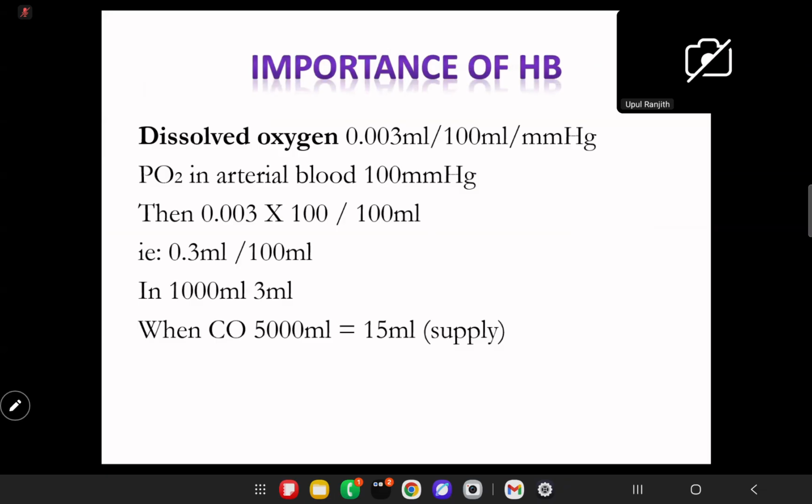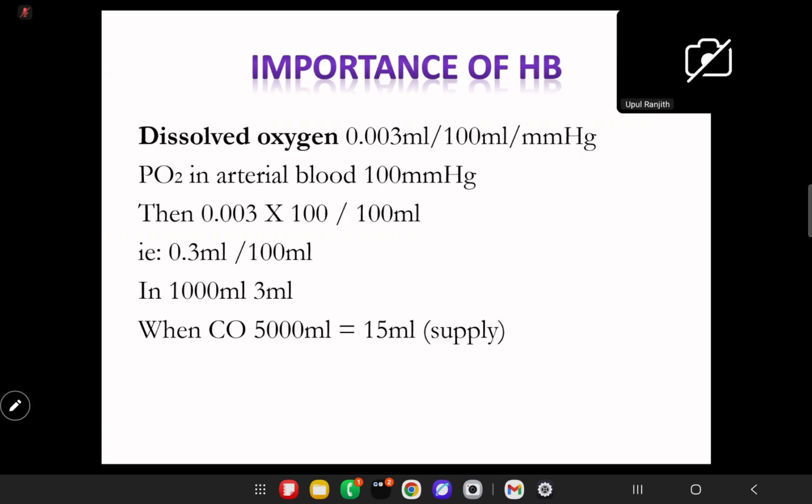So 0.003 per 100 ml, into 100 millimeters of mercury, which is the partial pressure in the blood. So it becomes 0.3 ml per 100 ml when the partial pressure is 100.